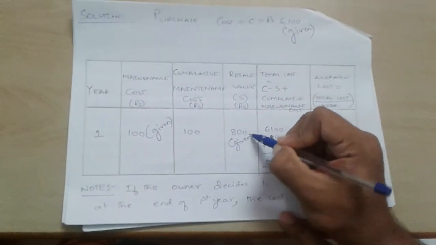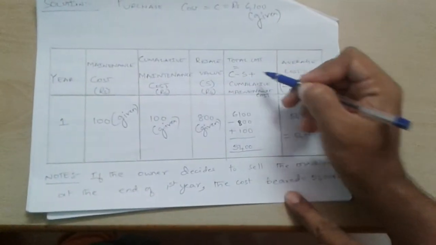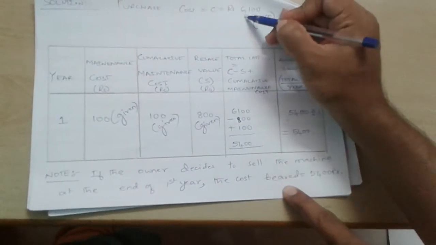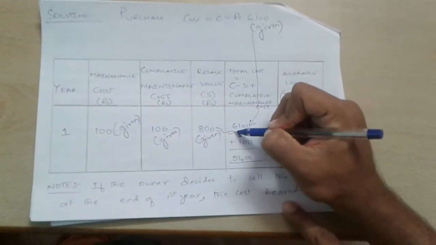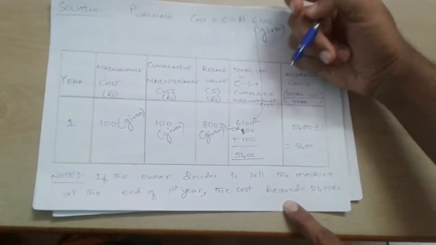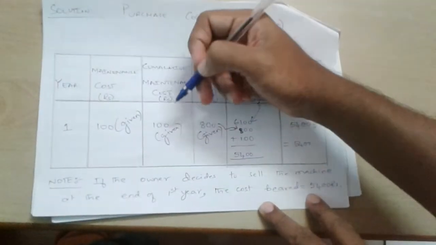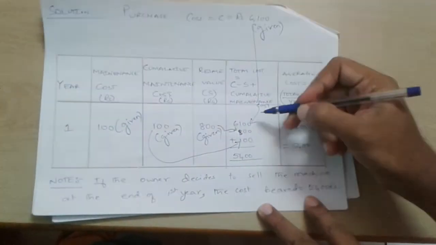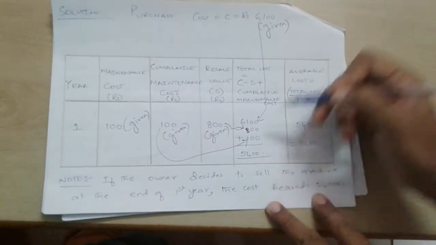Next, C minus S plus cumulative maintenance cost, like what we did in the previous problem. So 6100 minus 800 plus 100 gives 5400.